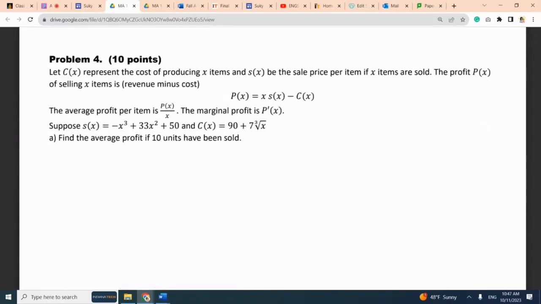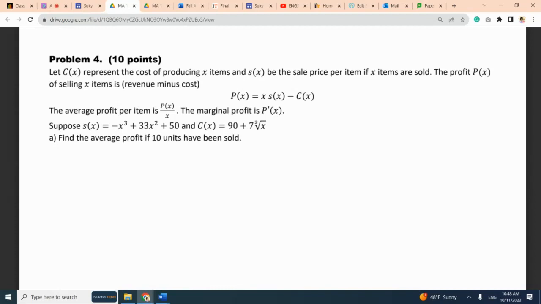Okay, how about this? You have the cost function, and x of x is the price, the sale price per item if x items are sold. Then the profit, I give you the formula, which makes sense, right? The money you earn: you sell x items, each item is x dollars. You multiply them, this is the amount you earn, right?